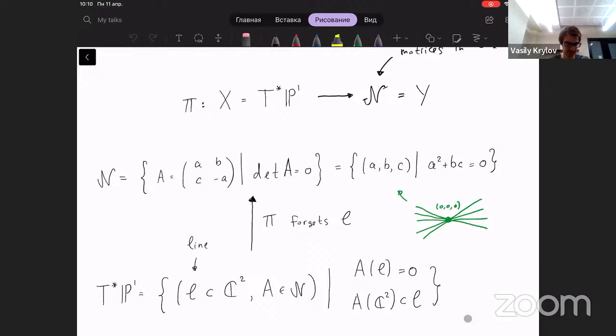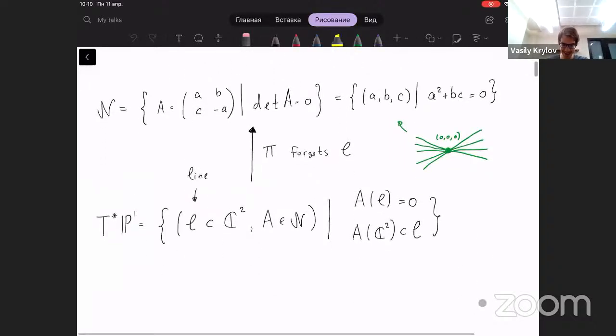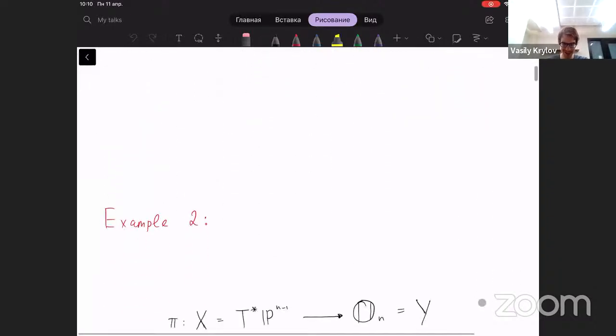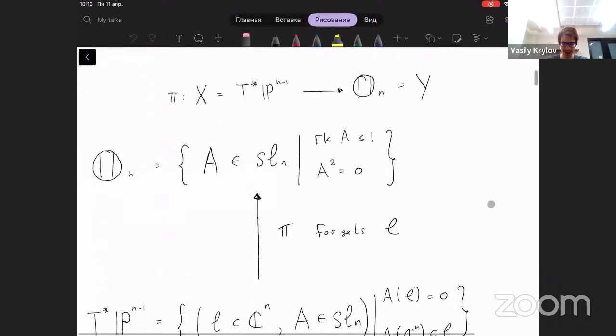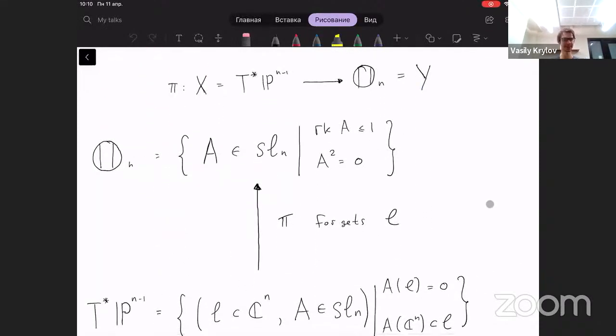Okay, let's now discuss example number 2, which is a certain generalization of this example, but still rather explicit. So instead of considering T star P1, we can consider T star P^(n-1), for our X, the smooth variety.